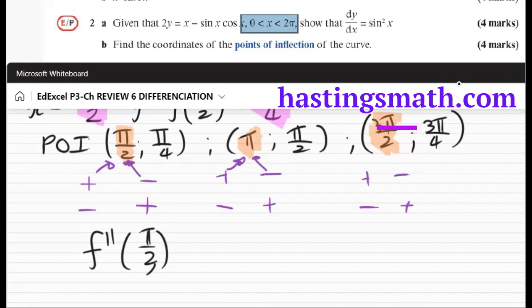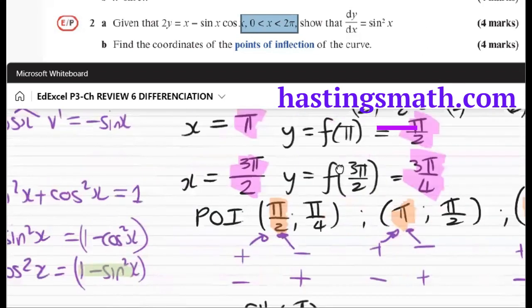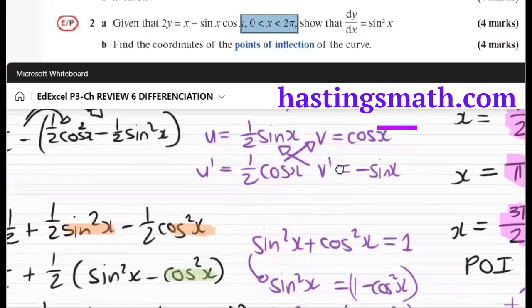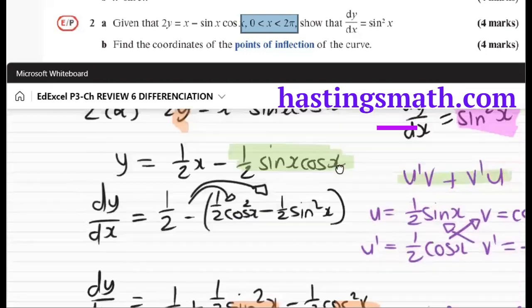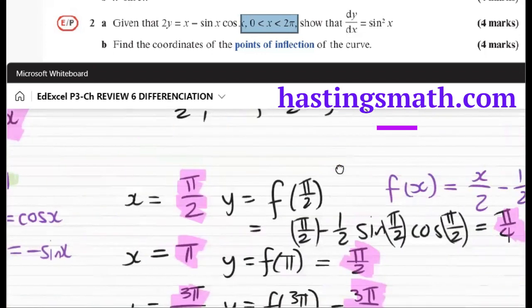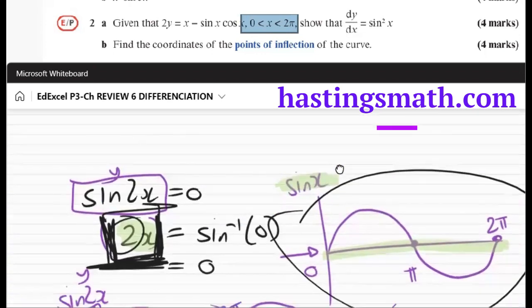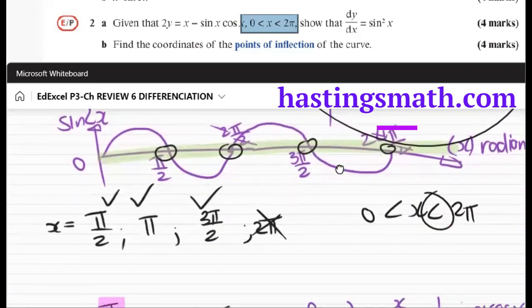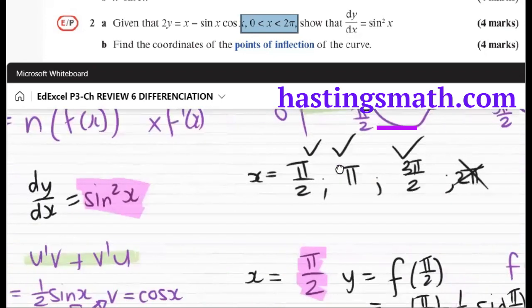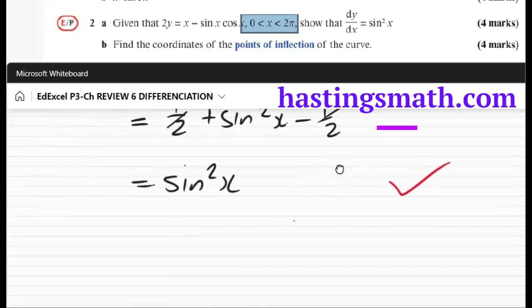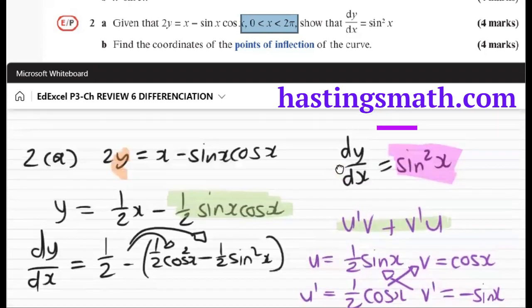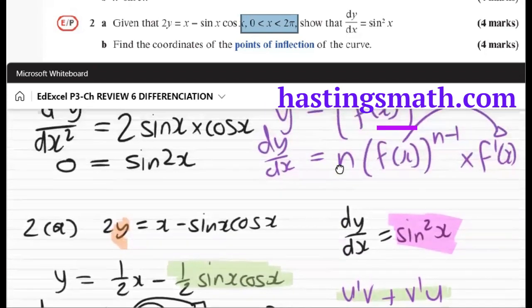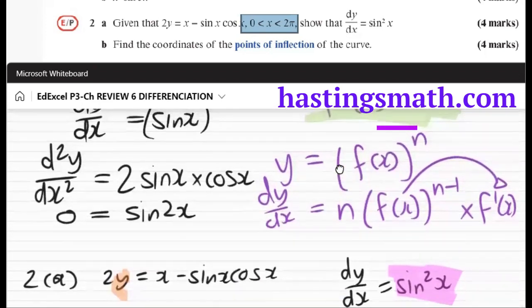So let me just quickly grab that for you. A lot going on here. First derivative was sine 2x. Where's my second derivative? There it is. 2 sine x cos x.